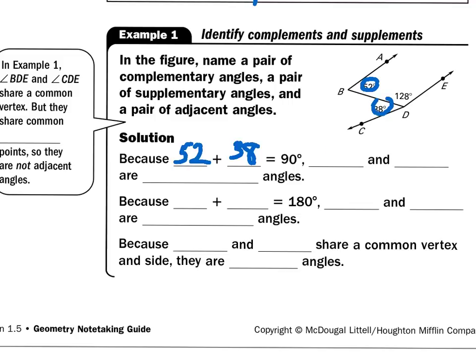So we need to name them. So we put our angle sign. Remember, the vertex has to be the middle letter. So angle CDB and angle ABD, and they are complementary.